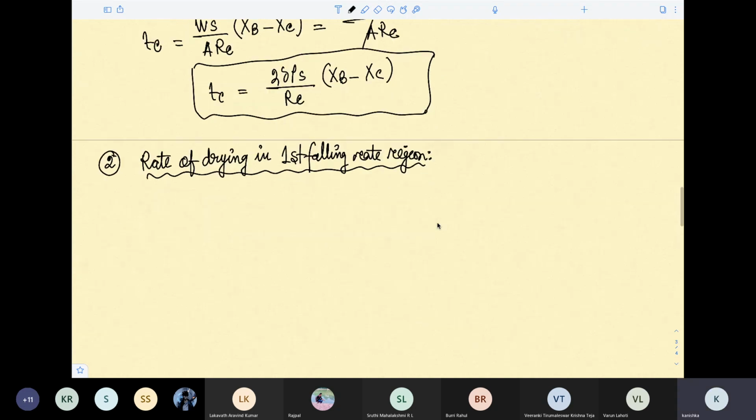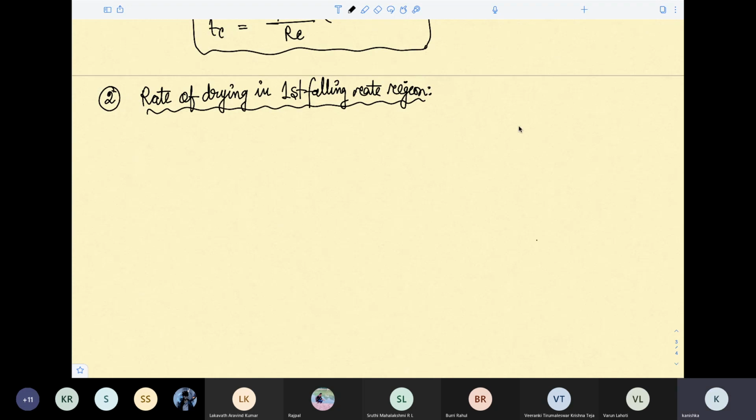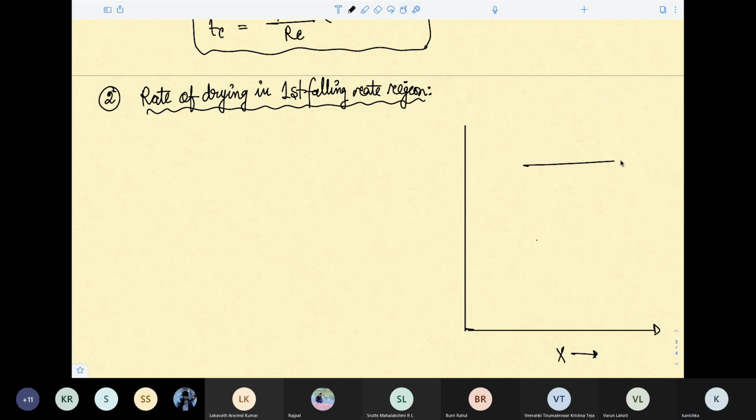Okay, let's draw the picture one more time. So here I have X, B. Now what we will do to solve this problem, we will not consider the second falling rate while we will be drawing.